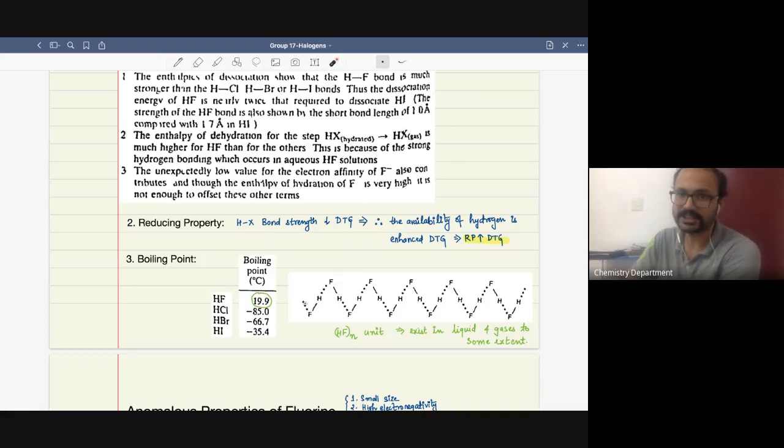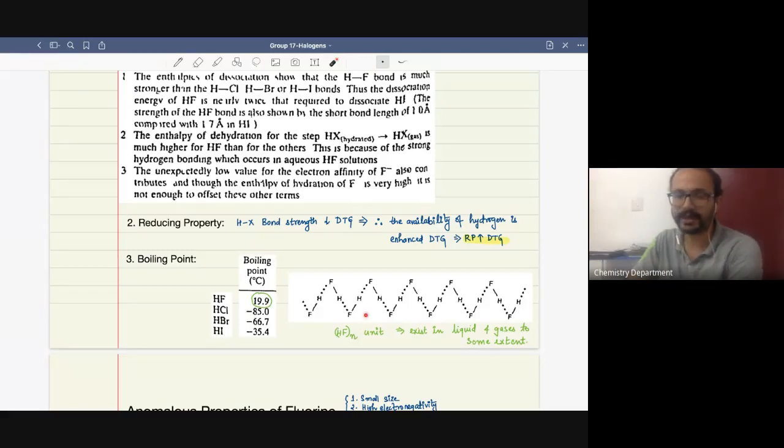And the shape of this hydrogen bonding is zigzag, one HF after another. It's not linear, it's not random, it is a zigzag form. So you will have different (HF)n chains constituting the solid state, the liquid state, and even the gaseous state, though you will find smaller n values in the gaseous state.